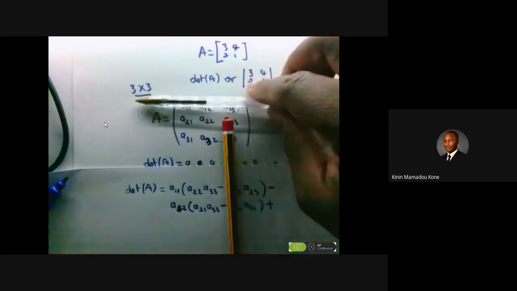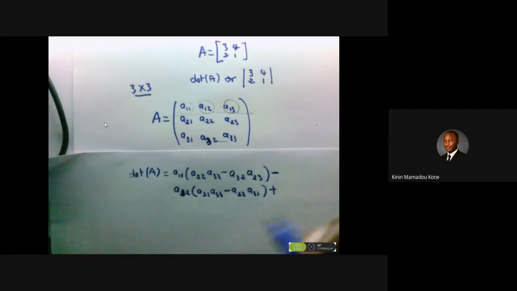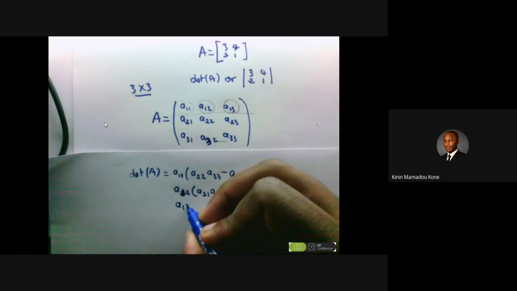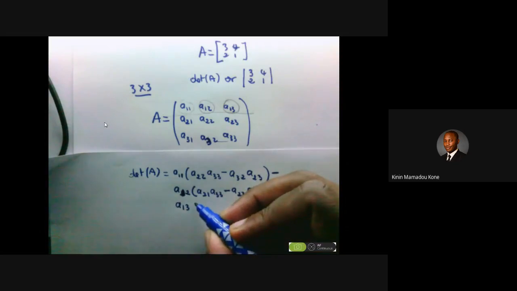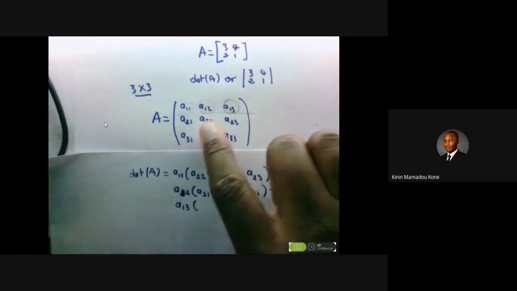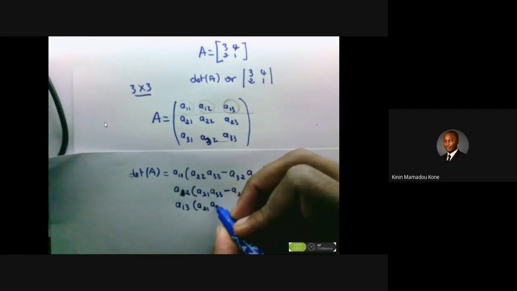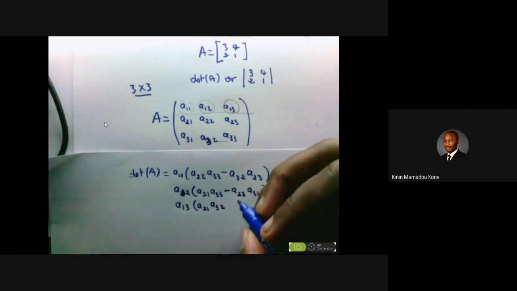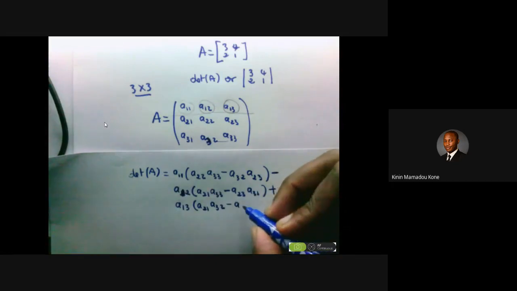So that's going to give me A13 multiplied by A21 times A32 minus A22 times A31.